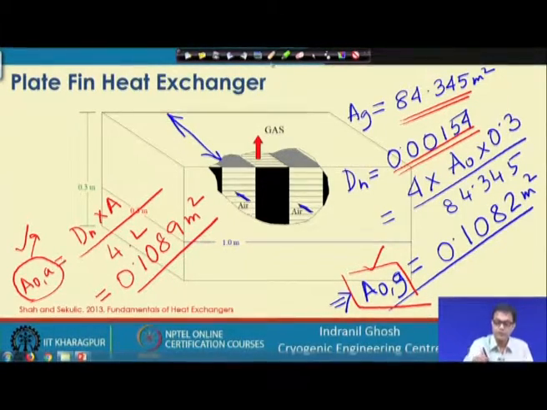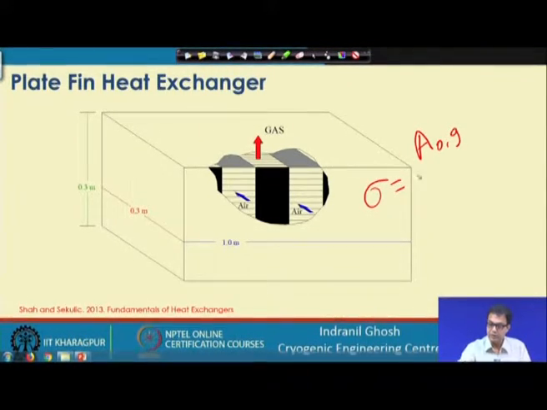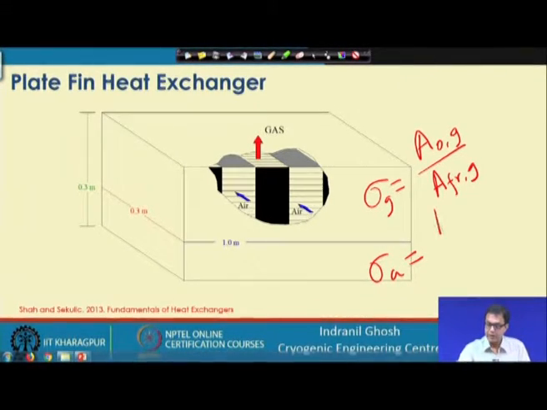If you remember, we have taken sigma equals A free flow area for the gas side divided by A frontal area for the gas, and similarly sigma for the air side is A free flow area of the air side divided by A frontal area for the air side.